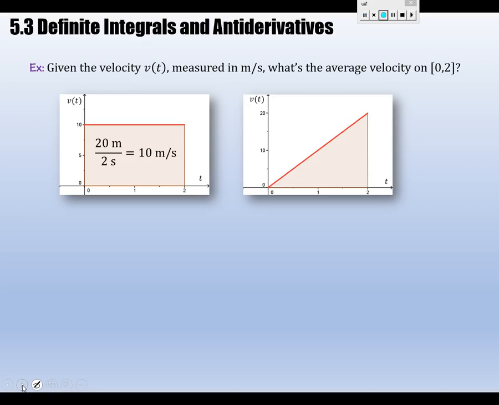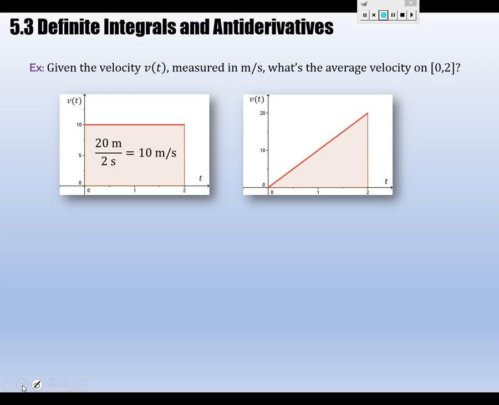Don't think too hard, and don't second guess yourself too much. It is interesting to think about from an intuitive standpoint, and see if you can do it from an analytical standpoint. It's still 10 meters per second. In 2 seconds, it still has gone 20 meters.